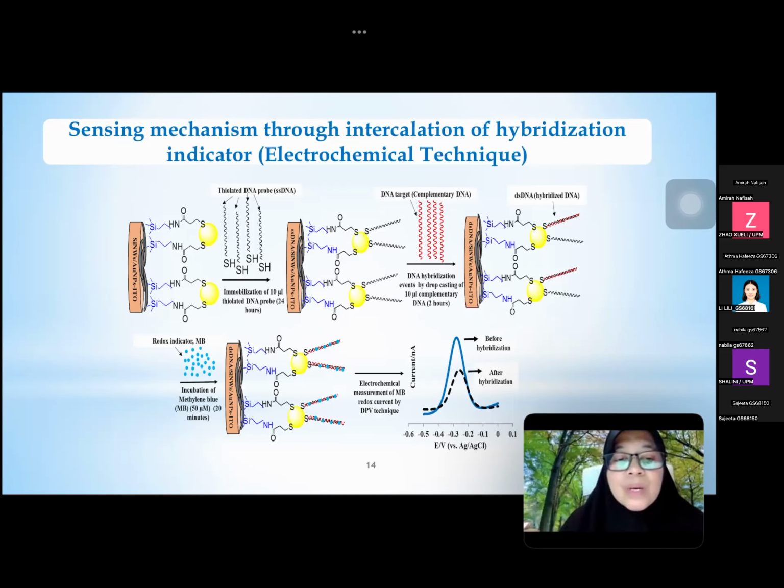So if we are working with synthetic samples, we can design it to be 50% match, 70% match, or whatsoever. From there, we validate that the current change is due to 50%, the current change is due to 20%, for example. So yes, that is how we read the percentage of the hybridization.